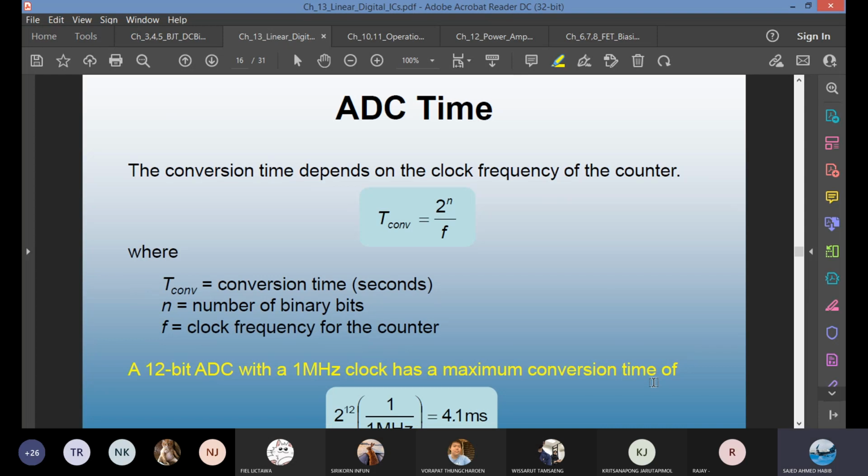This clock frequency and conversion time formula probably is not given in the formula sheet, so please remember this. Conversion time depends on the clock frequency: 2 power n divided by the frequency. The time you can find in seconds or milliseconds.